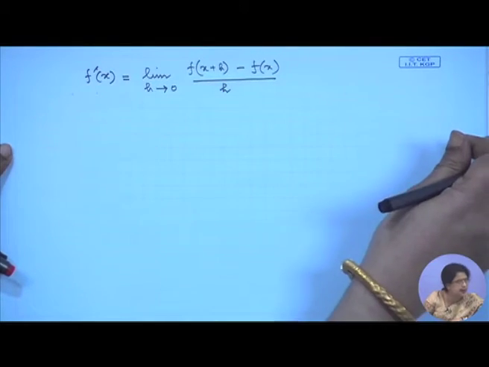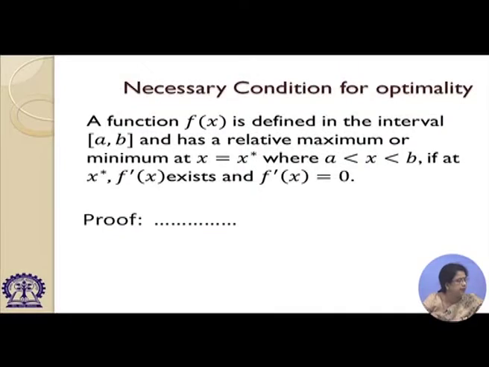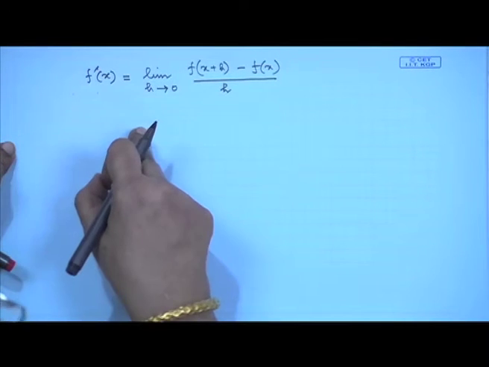There are a few things I have mentioned here just to see that the first order derivative must exist. That means the limit value must exist. What is the meaning of it? Limit value exists only when the left hand limit, the right hand limit and the value of the function at that point are all equal, then only the limit value exists and then only the first order derivative exists.